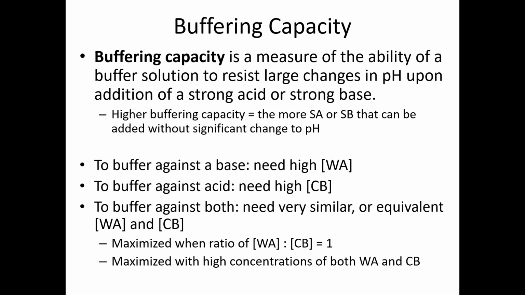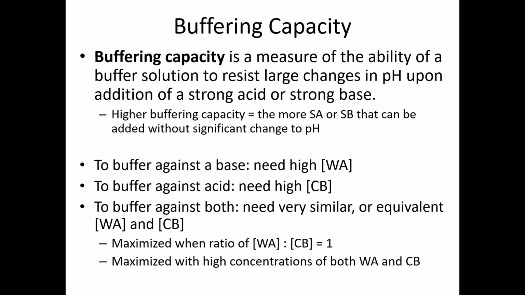But the buffering capacity is that I can add more and more and more strong acid, or more and more strong base, and my buffer will do a really good job of resisting significant changes in pH, right? It's still going to waver between plus or minus 1 of that pKa, and that's the buffering range. That's when it's acting as a buffer.